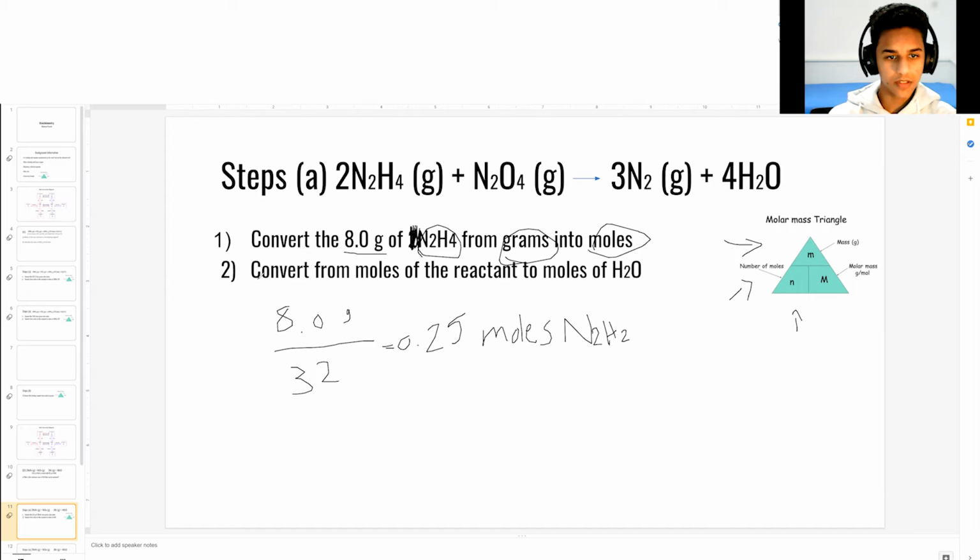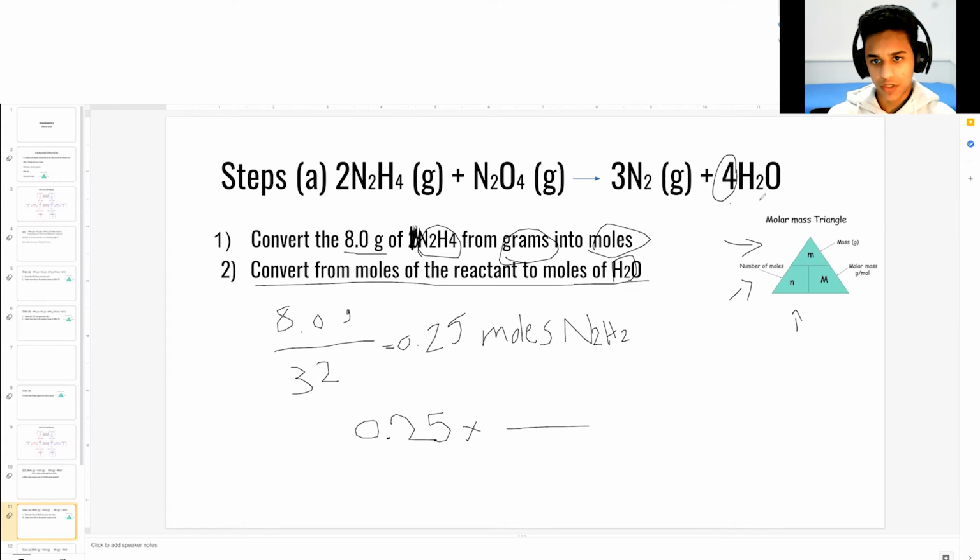So the second step is to convert from moles of the reactant to moles of the H2O, as I said. So that's gonna be 0.25 times, as we did in the last question, the mole ratio. So here in the product it's 4 because of the H2O. We look at the H2O and the moles of it.